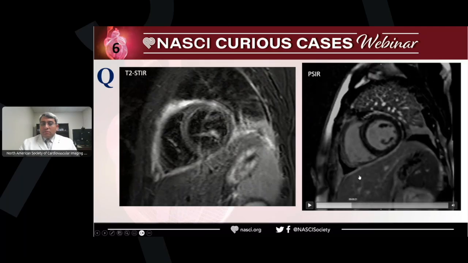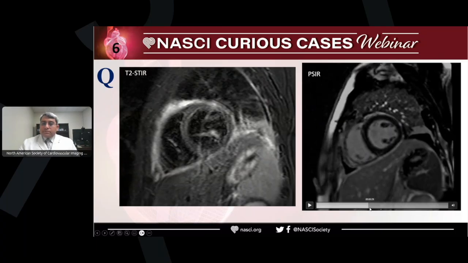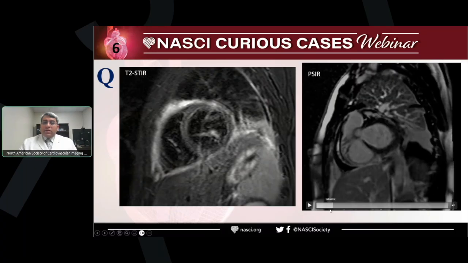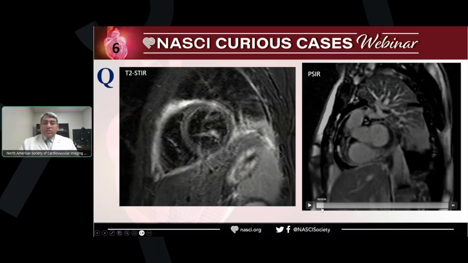So without any additional information, I'm guessing this is a myocarditis workup, and I think we have criteria here to meet or support myocarditis. Okay, any other thing you can find in these two images?